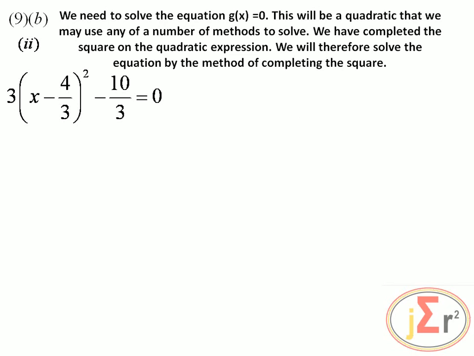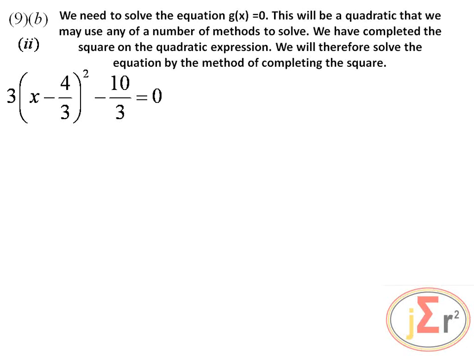Now, in solving this and also every other equation, we will make use of the principles involved in transposition of formulae. Therefore, we are attempting to make x the subject in this particular case. So, since we are making x the subject of the formula, we need to eliminate everything else from this side that contains x.